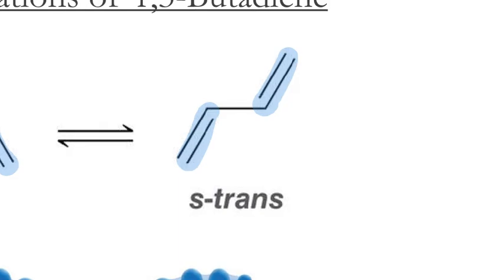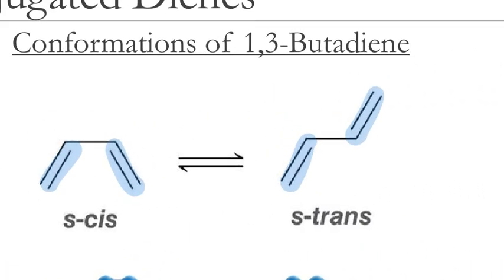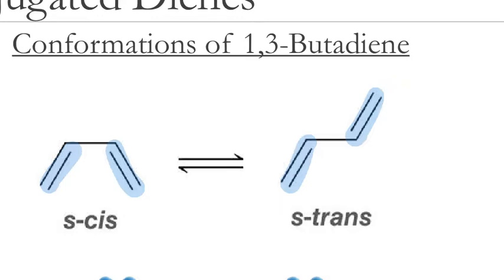Now, neither of the double bonds are trans or cis in either of these. They're both terminal alkenes, so they can't be cis or trans, but it is the single bond that's acting like we would have a double bond here that would be cis, or this one being trans. It's kind of the reverse.